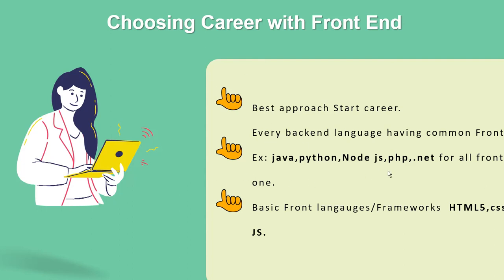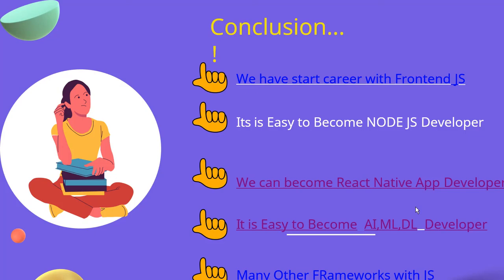The basic front end languages are HTML5, CSS3, Bootstrap 4, AngularJS, ReactJS, Vue.js. Okay, so these are all the front end languages. Then we are coming to a conclusion. So what happens? We start with the career level.